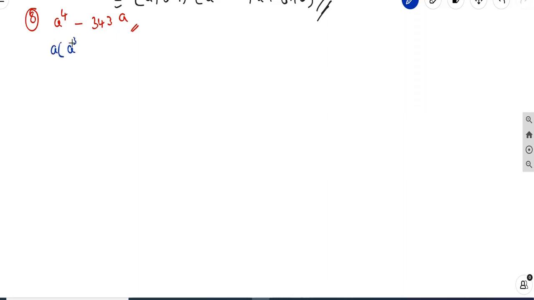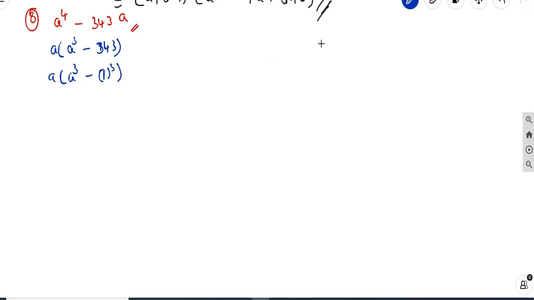A to the power of 3 minus 343, which is nothing but 7 into 7 into 7. If you do 7 three times, then you are going to get 343. First step we will write it as 343 only, because we are taking a outside here. One more step we'll write down, a to the power of 3 minus 7 to the power of 3.